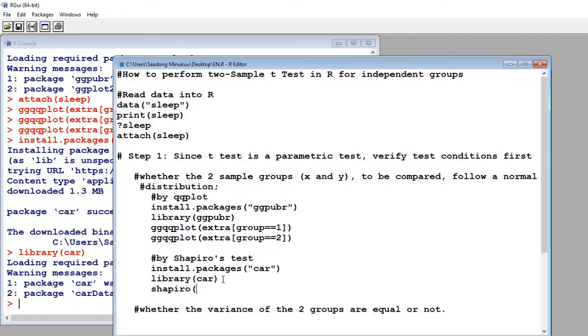We are going to look at whether the distribution of the extra hours of sleep, for the 10 individuals in the sample, follows what?